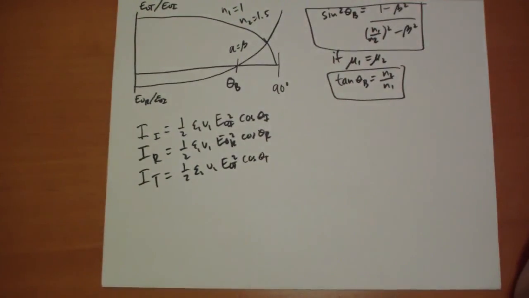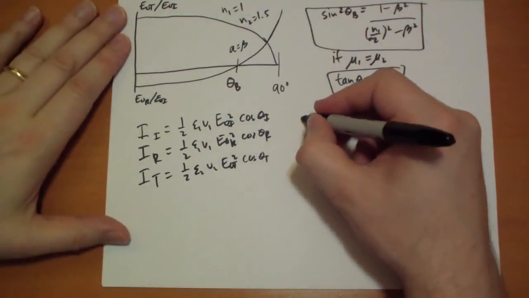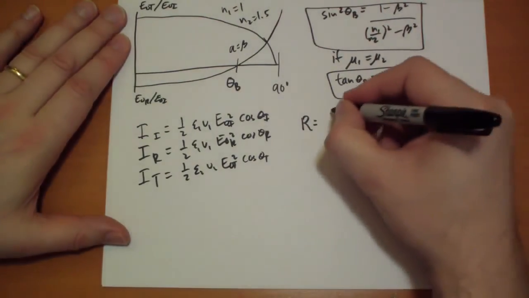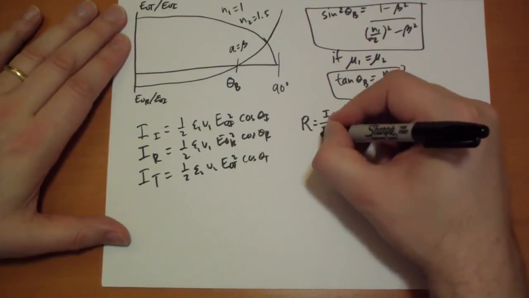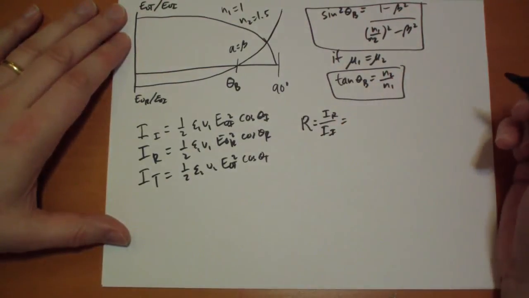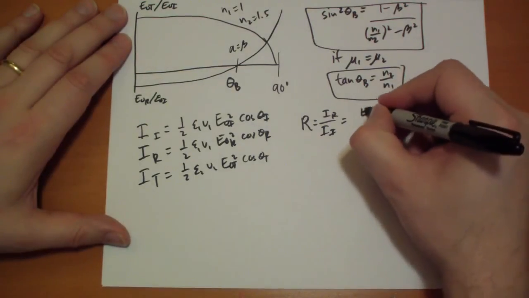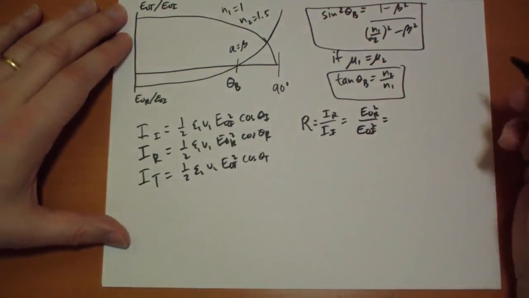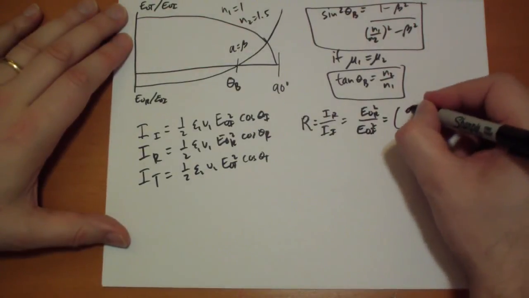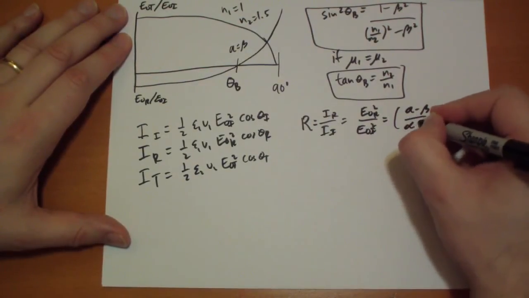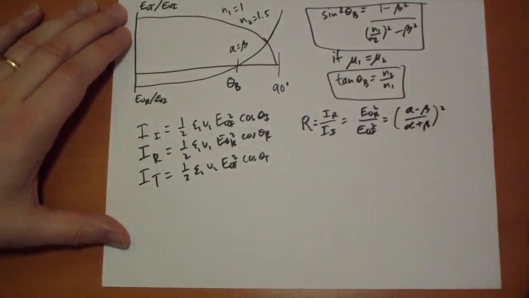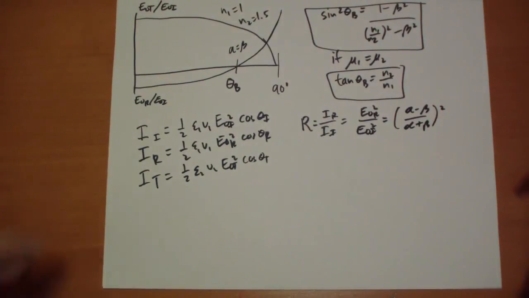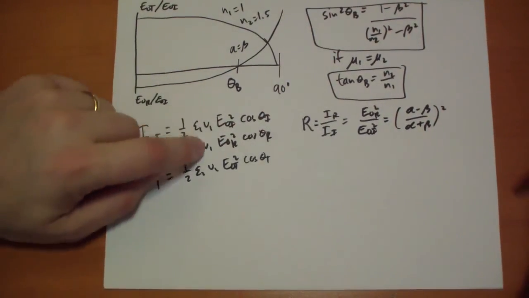Okay, so if we were going to calculate the reflection coefficient, that's the intensity of the reflected wave divided by the intensity of the incident wave, we end up with basically E naught R over E naught I, which is just alpha squared. That should be rather easy. The angles are equal, the constants are equal.